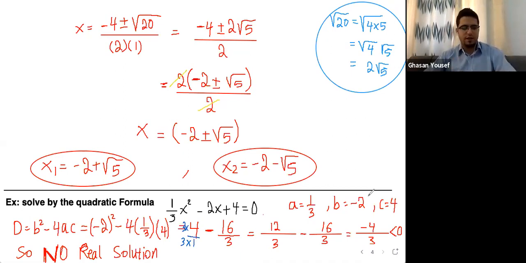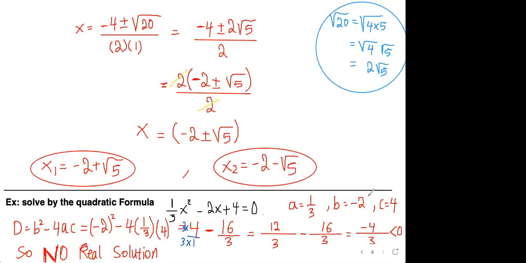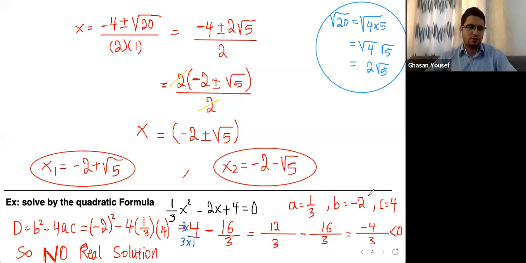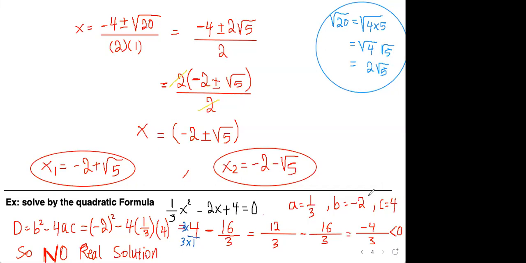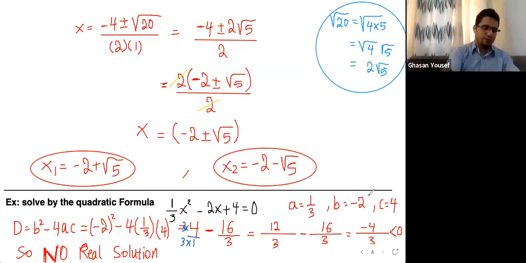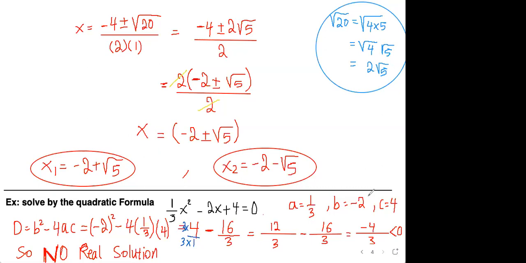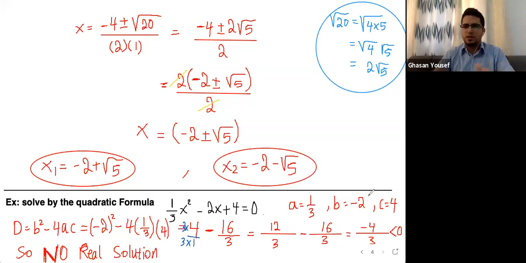Make sense? Any question? Does this mean we stop here or do we continue? We have to stop. We cannot use the quadratic formula. Do we have to find other ways to solve it? No other way.